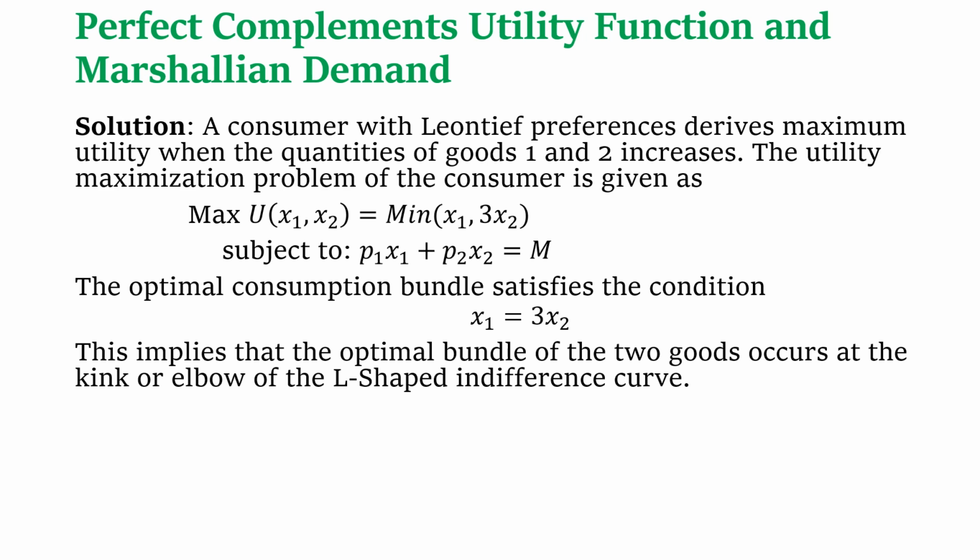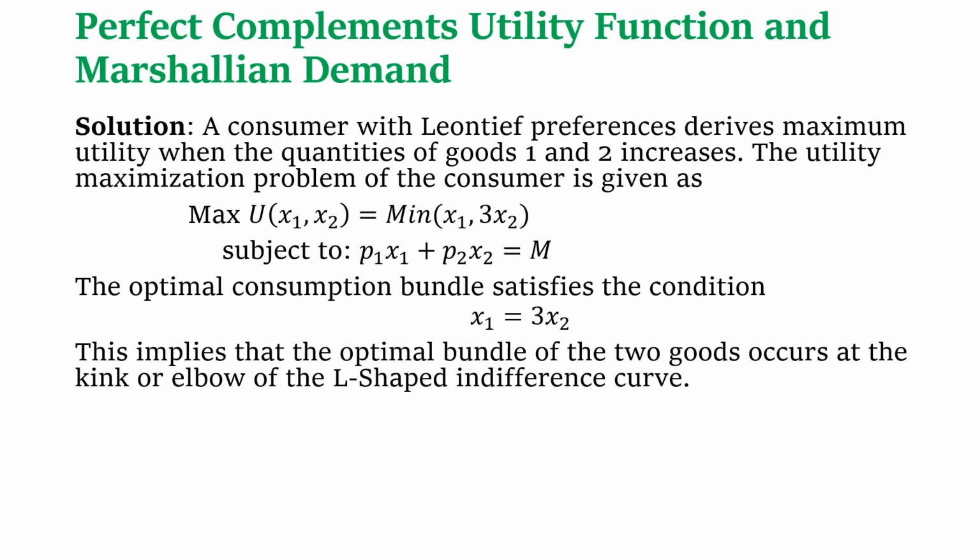So now let's move on. How do we do that? For this consumer with Leontief preferences, we obtain the maximum utility when the quantities of goods 1 and 2 increase. A consumer with Leontief preferences maximizes utility when the quantities of both goods increase simultaneously.